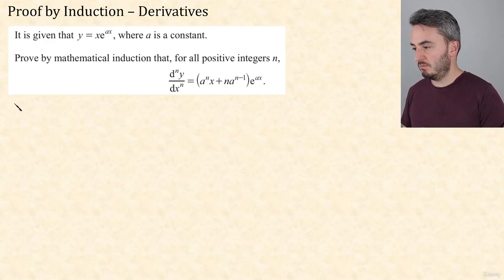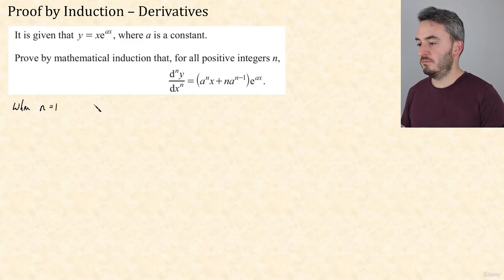So we can say when n equals 1, what have we got? Well, that is just the first derivative. So what is the first derivative? Well, dy by dx is just the derivative of this. So we're just going to use product rule there.